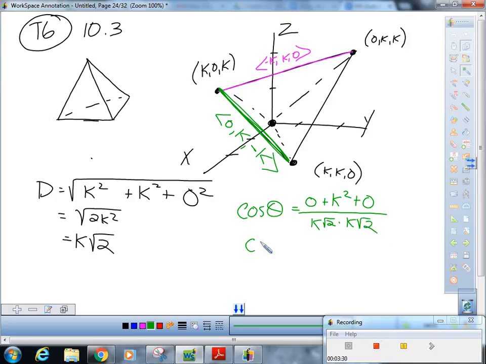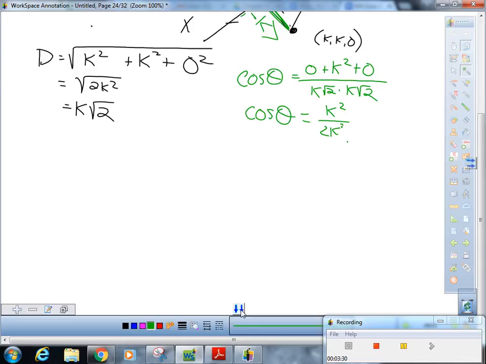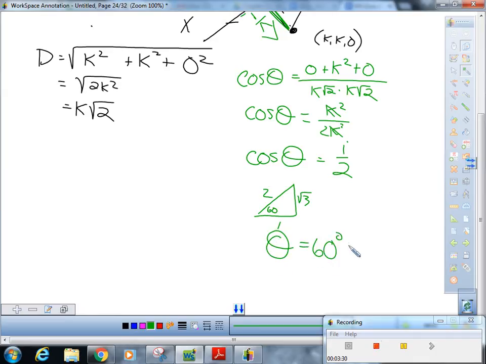So you get cosine theta is k squared over k squared radical 4, so 2k squared. So, continuing on, k squareds cancel. Cosine of theta is 1/2. That makes this 60, right? So theta is 60, or pi over 3. Radians.